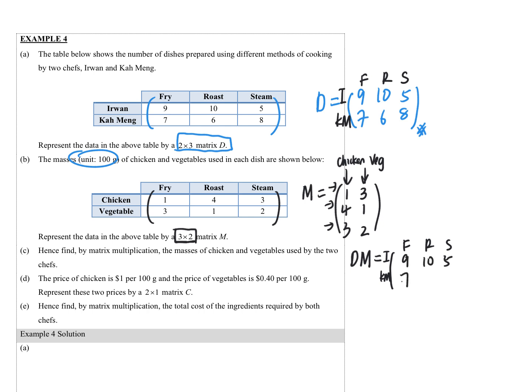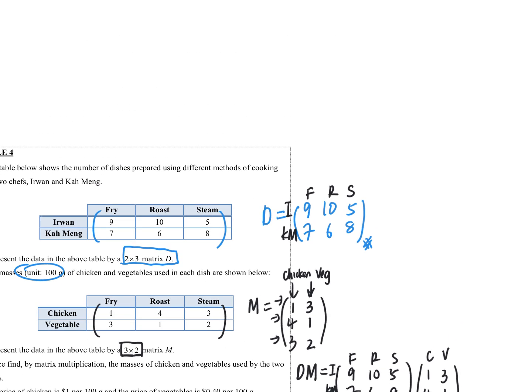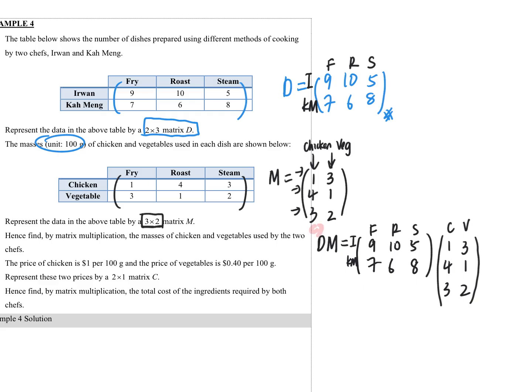So 9, 10, 5, 7, 6, 8, I want it to multiply with the chicken one, 1, 4, 3, and then the vegetable one, which is 3, 1, 2. So this is part C, right? Yes, this is part C. Okay, this is B, this is A.